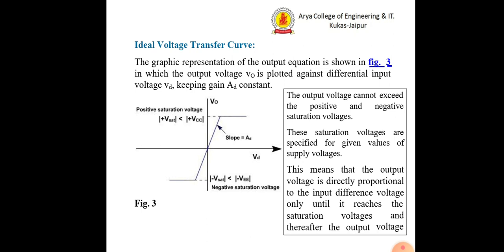These saturation voltages are specified for a given value of supply voltages. This means that the output voltage is directly proportional to the input difference voltage only until it reaches the saturation voltage, and thereafter the output voltage stays saturated. So this is how the op-amp is going to respond to your applied difference input.